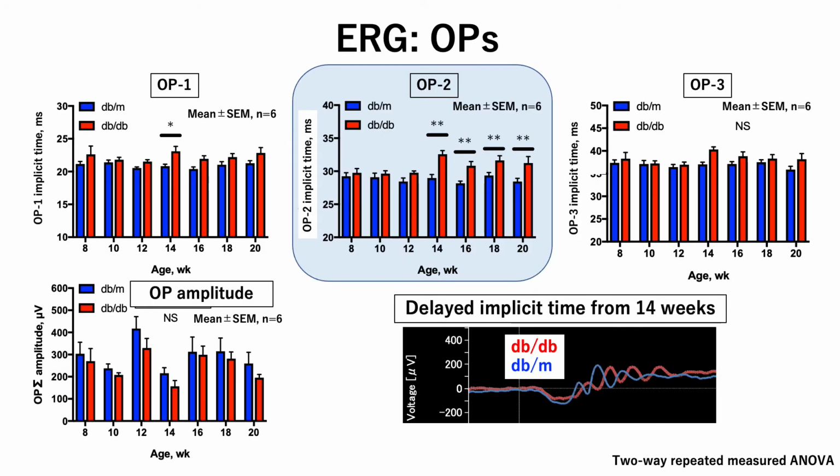In contrast, the implicit time of the oscillatory potential OP2 wave was delayed in diabetic mice compared with that in the control mice from 14 to 20 weeks. These results suggest that there was impaired neuronal function in the inner retina beginning at 14 weeks of age in diabetic mice.